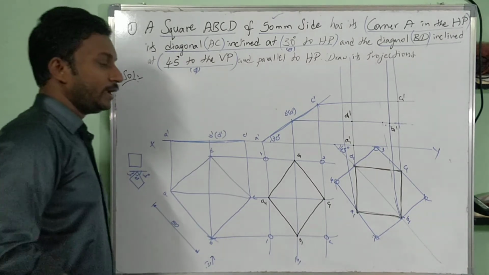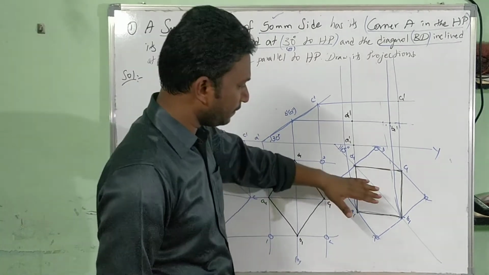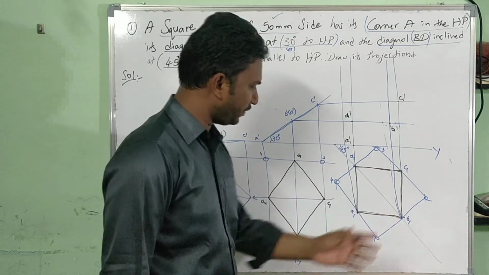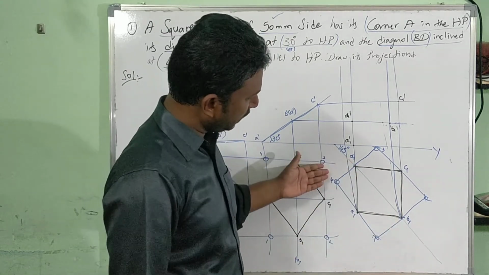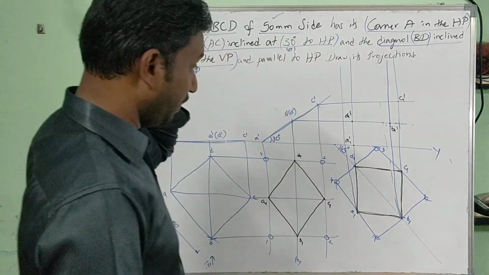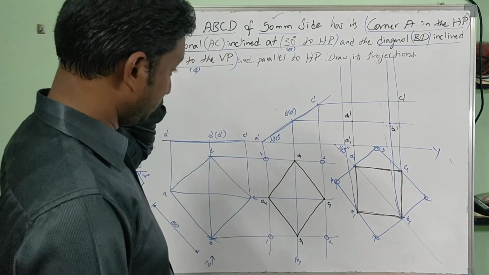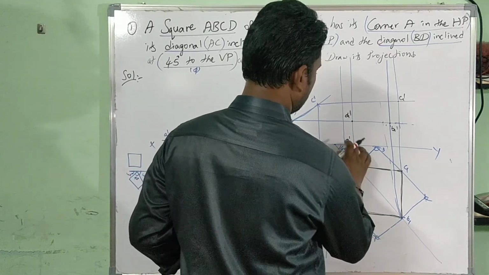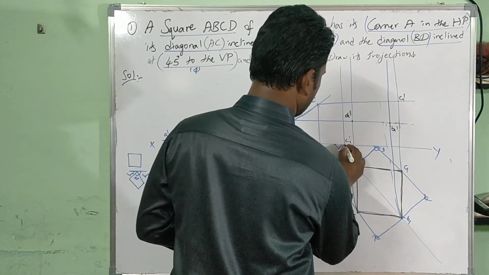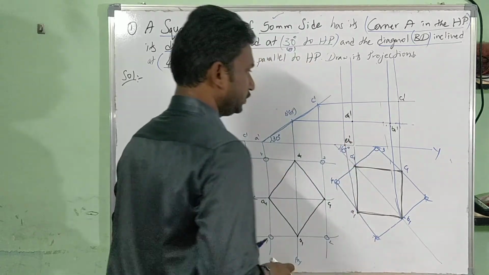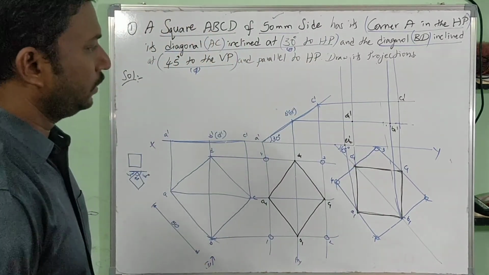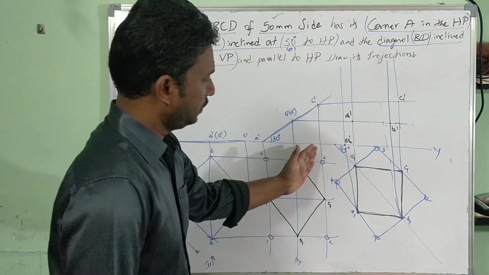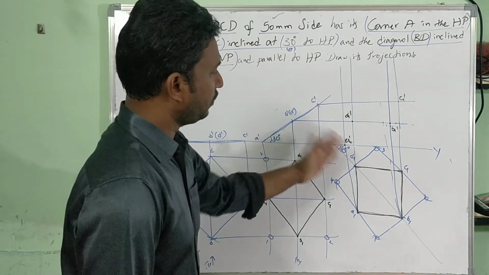See, I'm going as per procedure. Now here, with your exact dimensions, when you draw it at 45 degrees, I hope D will come out, A will come in. Yeah, D will come out, A will come in.